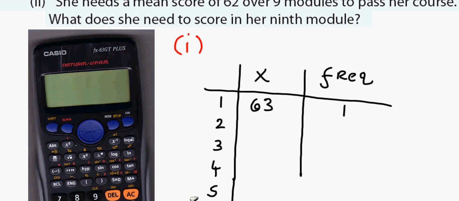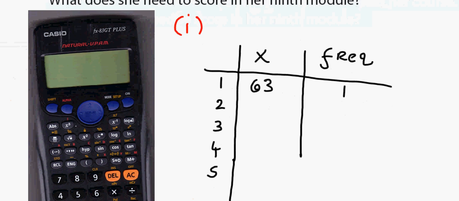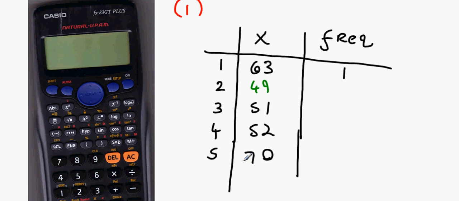So the next thing we have is the table here, okay? What's going to happen with the table is the following. You're going to input all your values from the question, so you're going to have 49, 51, 52, 70, 67, okay?